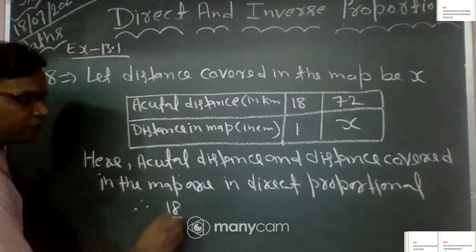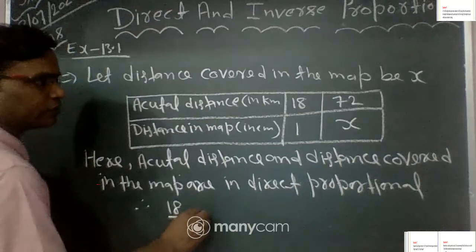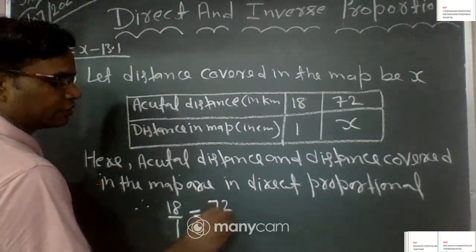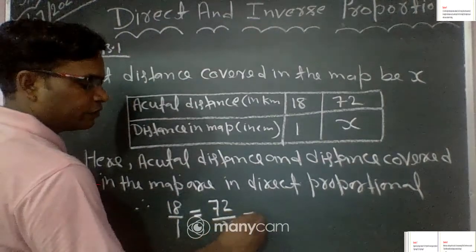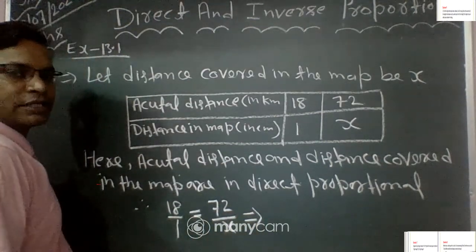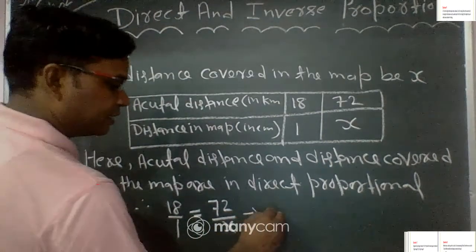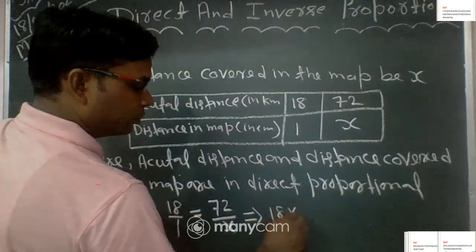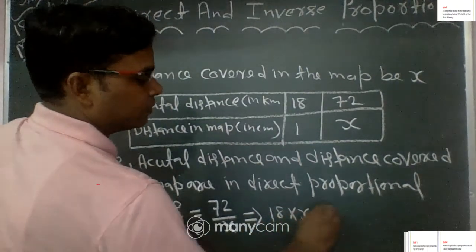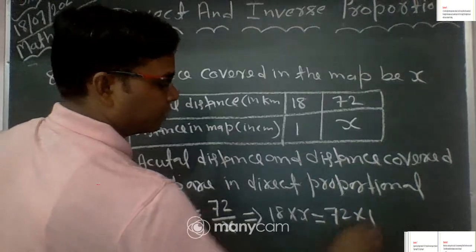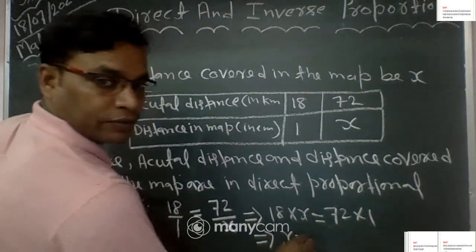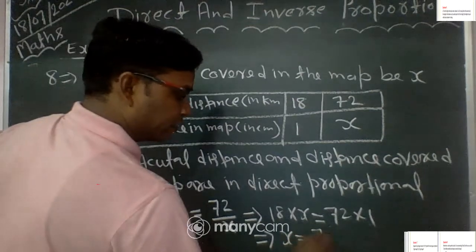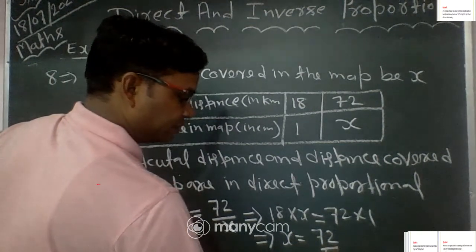18 by 1 is equal to 72 by x. Or you can write by cross multiplication, you find that 18 into x is equal to 72 into 1, or you can write that x is equal to 72 by 18.